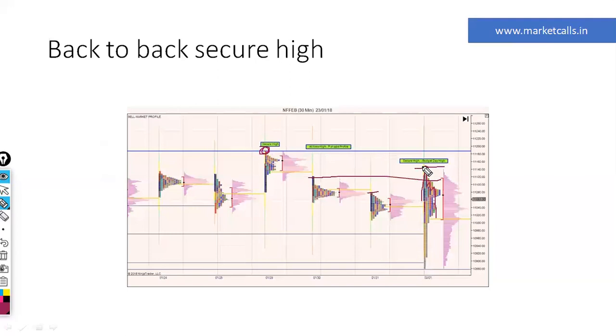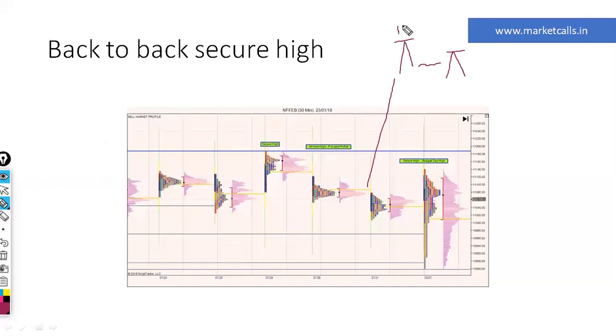Right? It can form, let's say, something like this. It usually forms a swing high, followed by some activity, and again one day you form two highs.